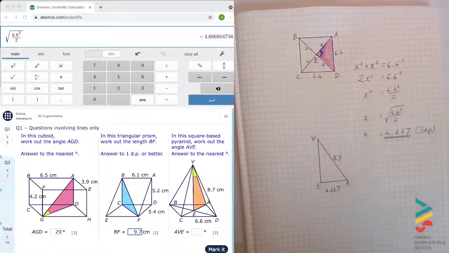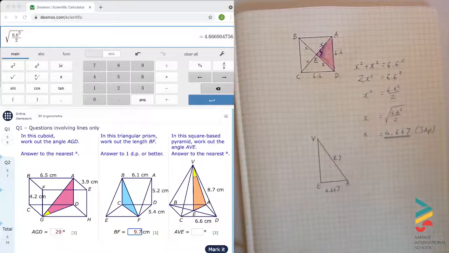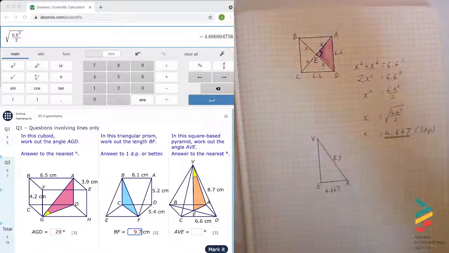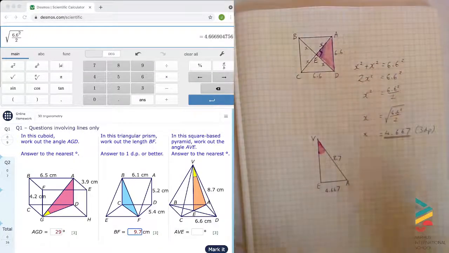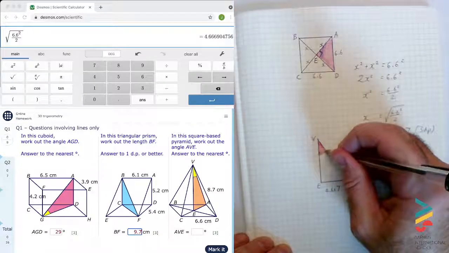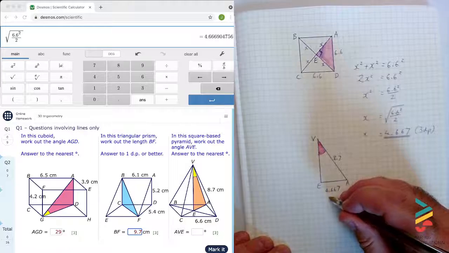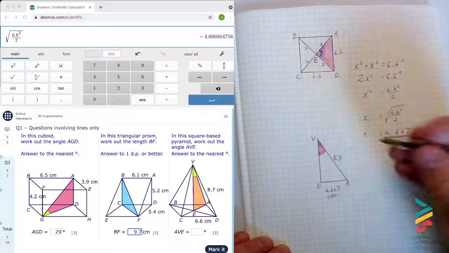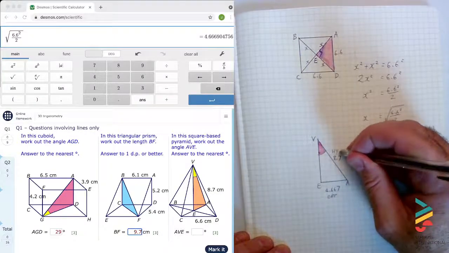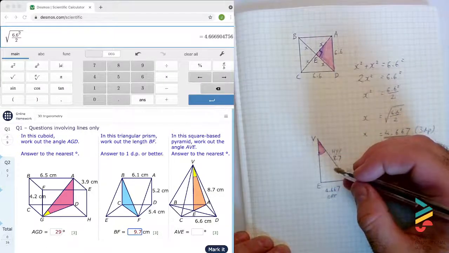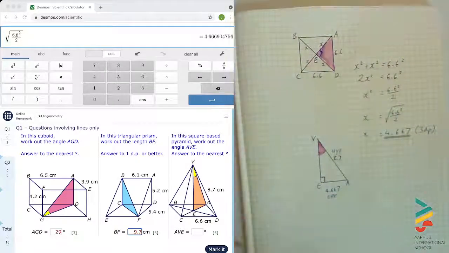The angle we want is AVE, so that's the angle at the top, and in relation to that angle AVE at the top, the 4.667 is the opposite side, and then the 8.7, well, that's just the hypotenuse of the triangle, because it's opposite the right angle.